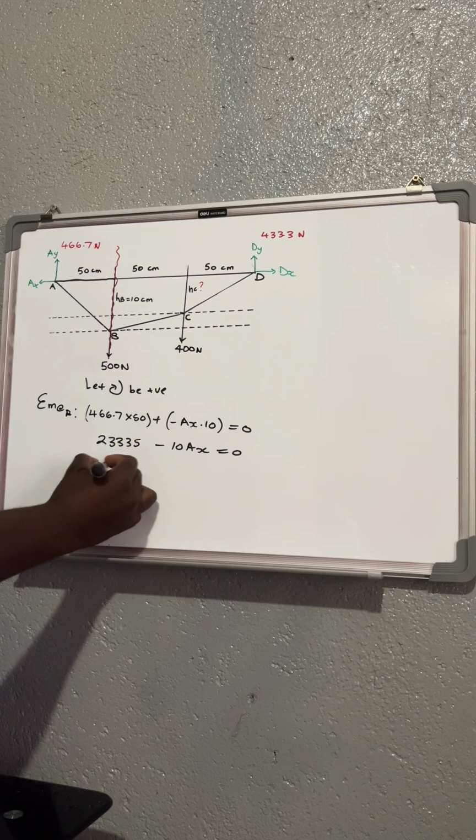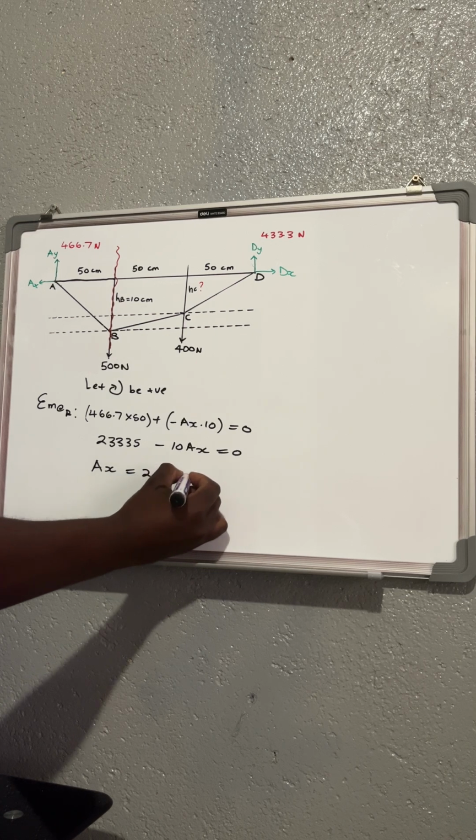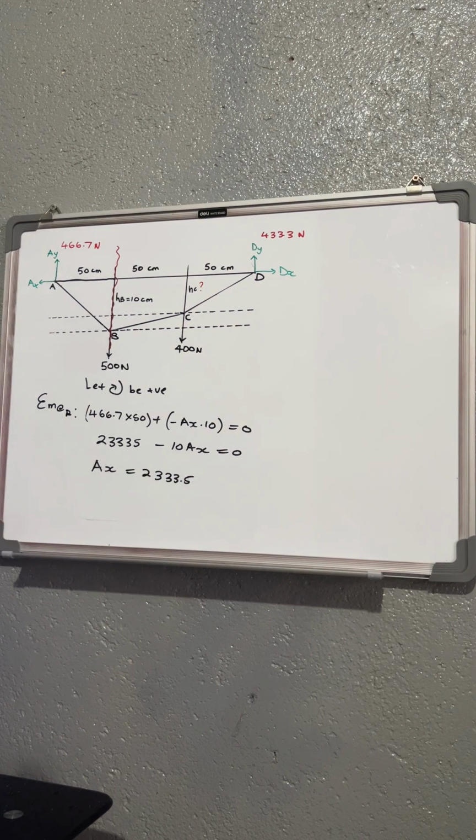Therefore our AX would be 2333.5, because you just have to divide by the 10 when you take it to the other side. So now we've determined that our AX is 2333.5.